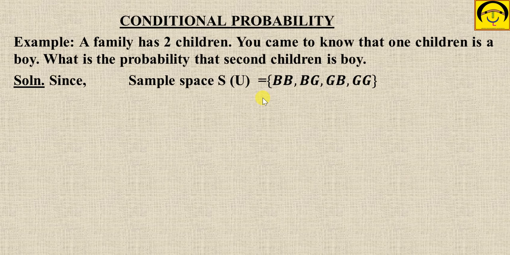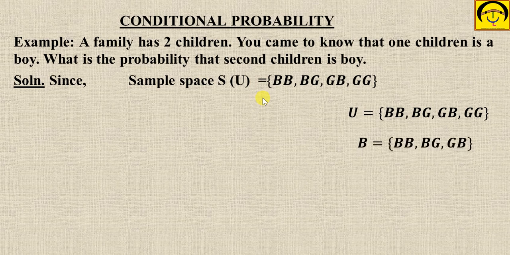Now you came to know that one child is a boy. So what can be the space of this event, one child is a boy?